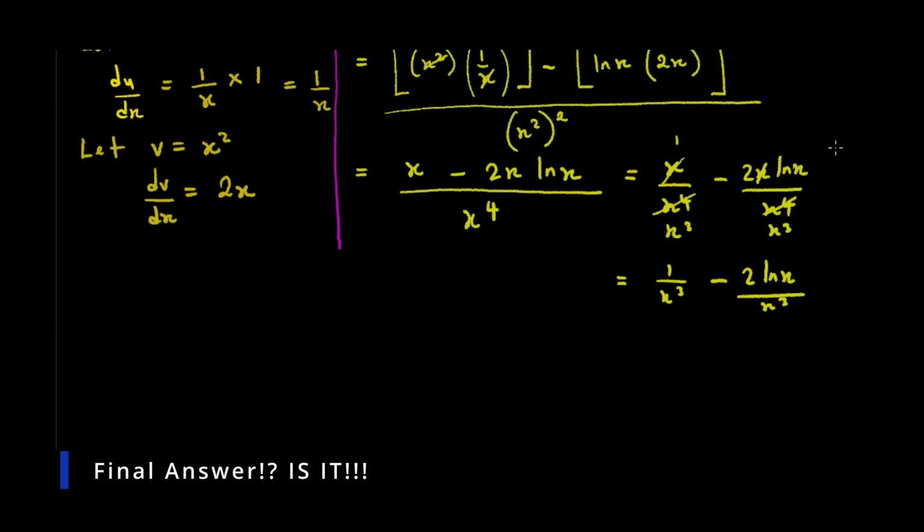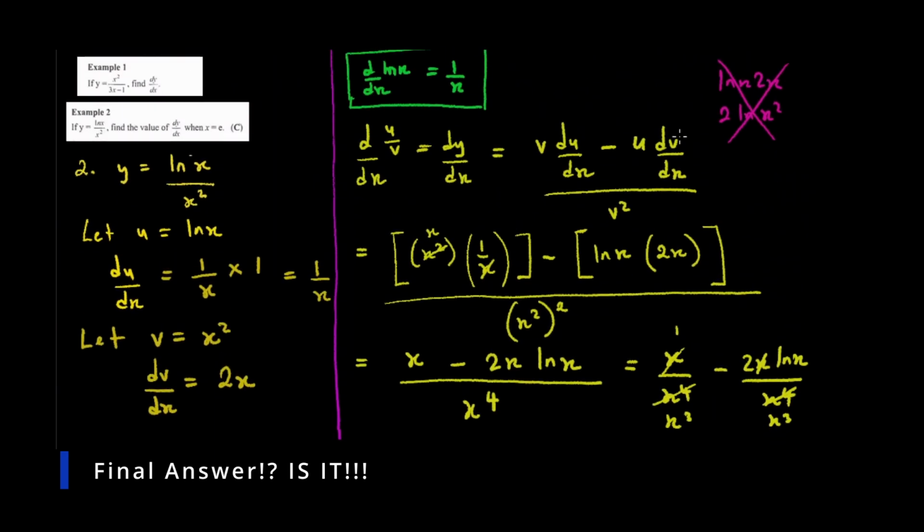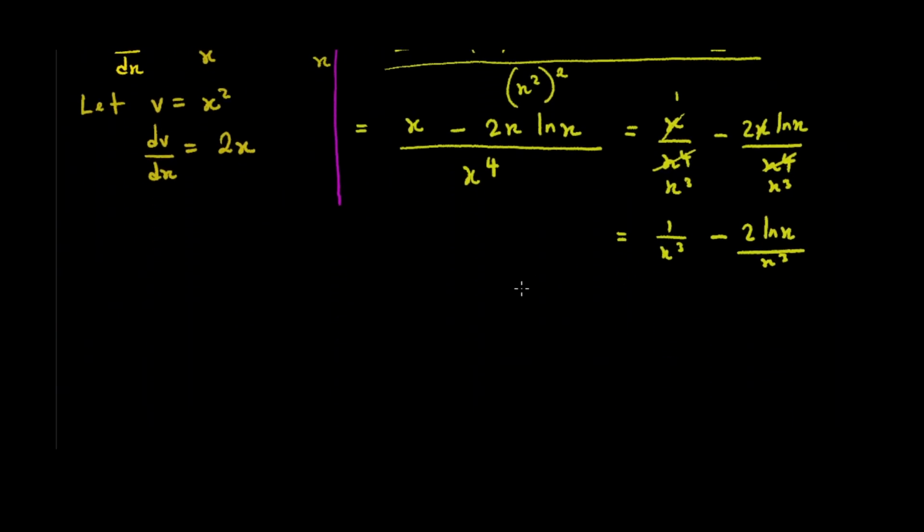So our question, if we go back to it, says we have to find the derivative of this when x is equal to e. So let's write that when x is equal to e, dy dx is equal to 1 over e cubed, like this, minus 2 ln of e over e cubed.